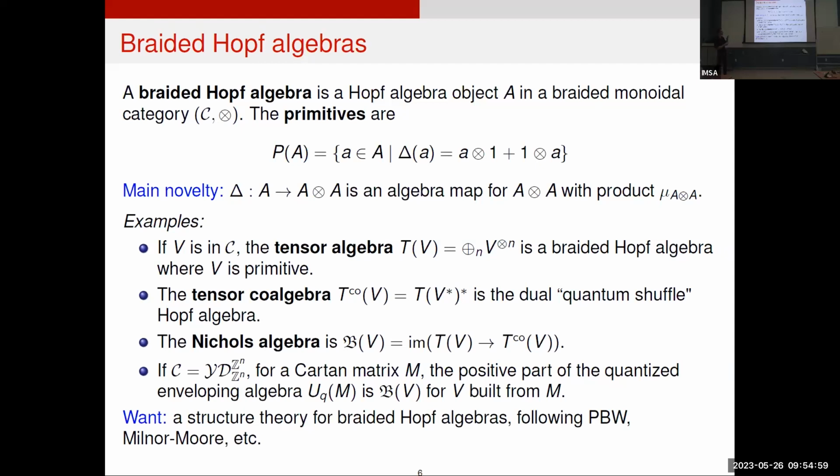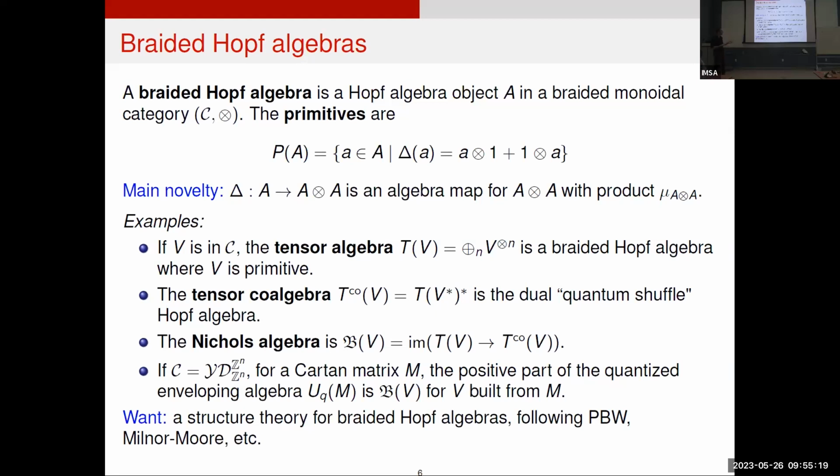But now something rather complicated is happening. And it turns out that if my category is braided and not symmetric, this just introduces an infinite amount of complications that destroys all of the structure that we know.